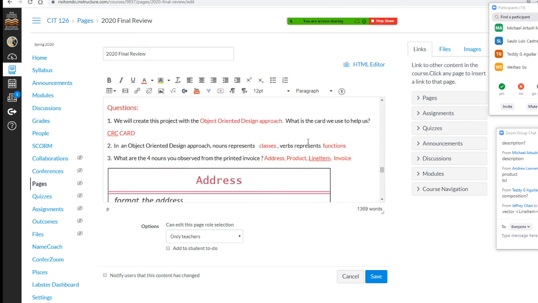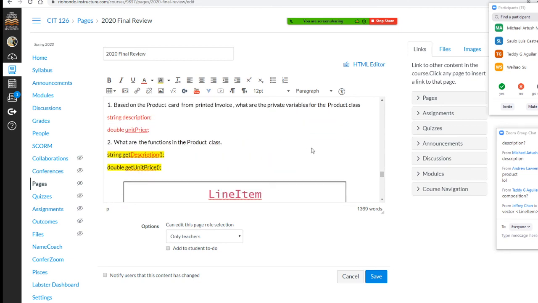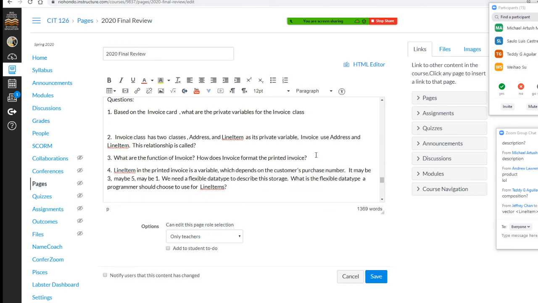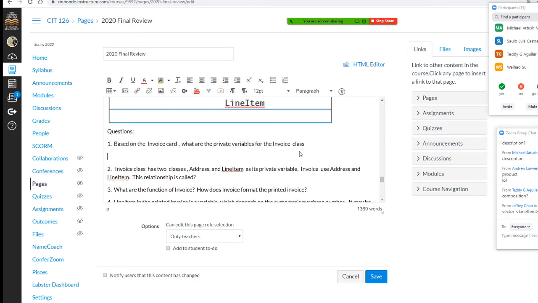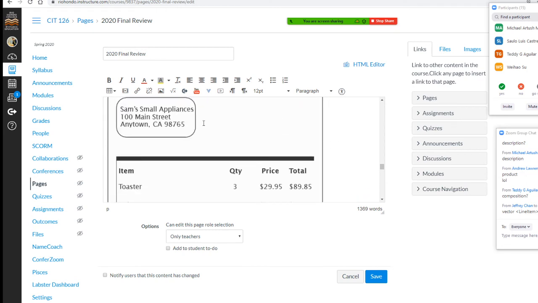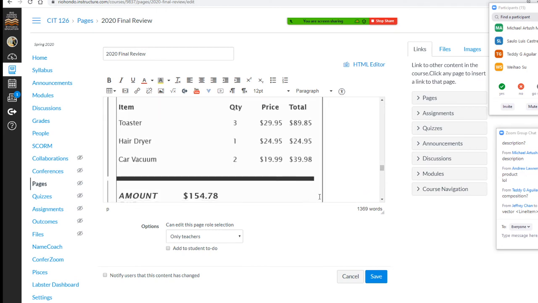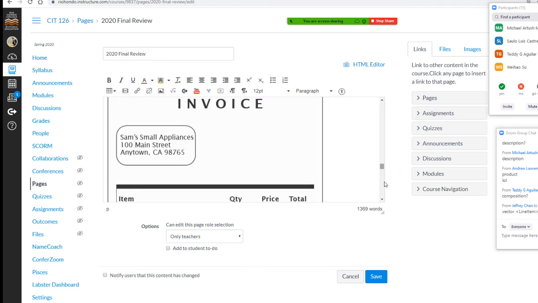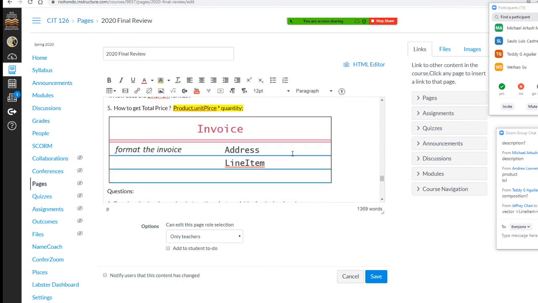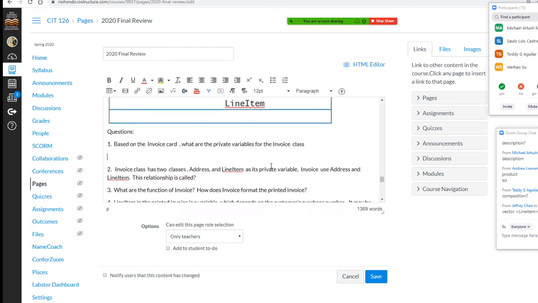All right, so let's take a look right here. One more time, based on the invoice card, what's a private variable? You see address, you see line item. You are trying to see the thing, invoice: you see address, you see line item.